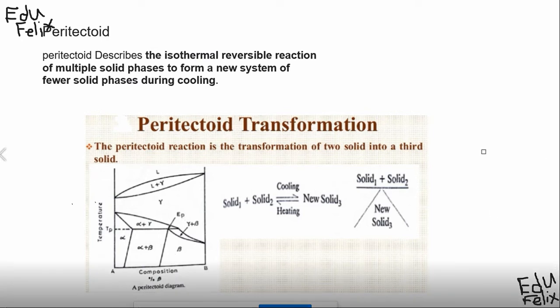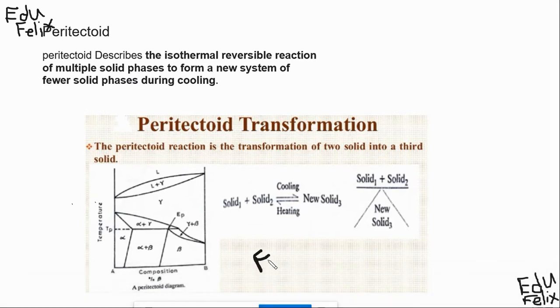If you compare this EP, if I want to show it like this in this point, here you have alpha plus gamma. This is the phase. This one also, here also you have alpha plus gamma.